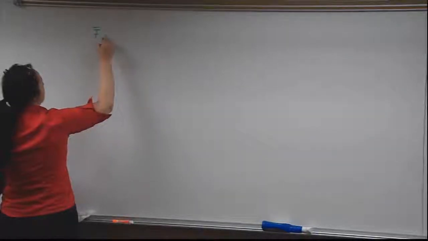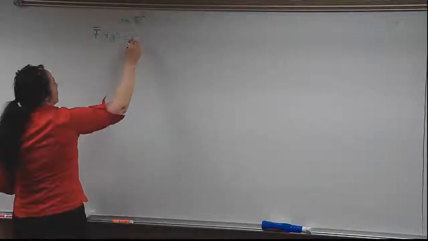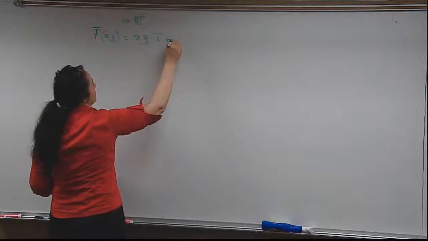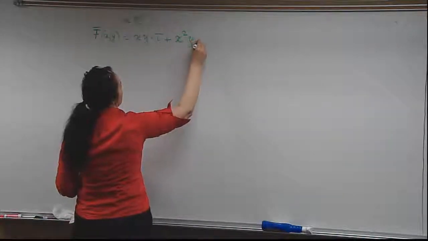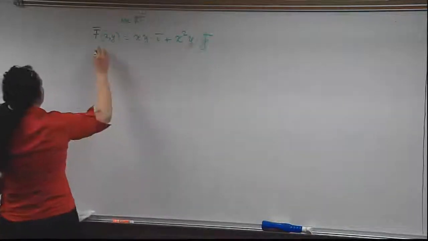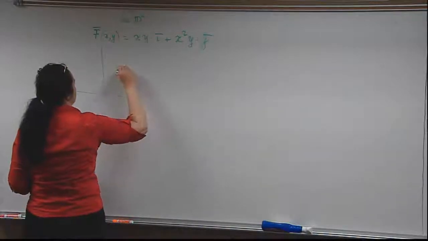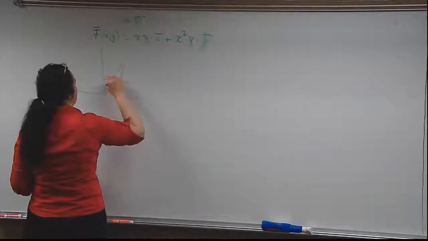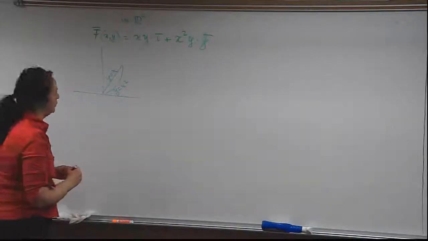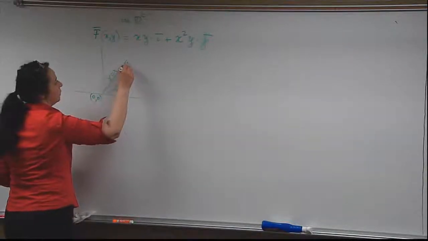Let's take F of x and y in the plane, in R2, F equals xy i plus x squared y j. And the problem would involve my favorite picture. y equals x squared and y equals x are 2 paths. One is the straight path, one is the parabolic path. They go from 0, 0 to 1, 1 anyway.